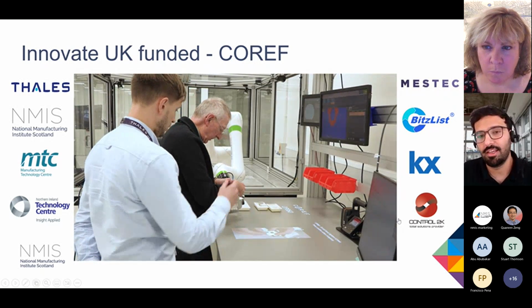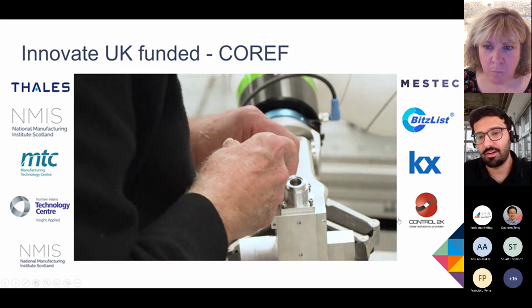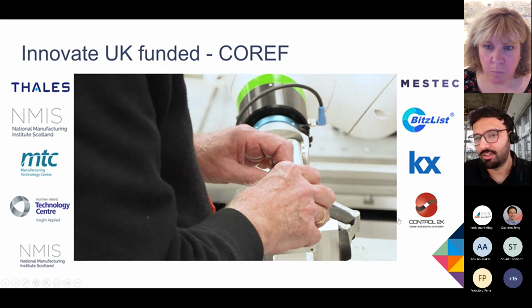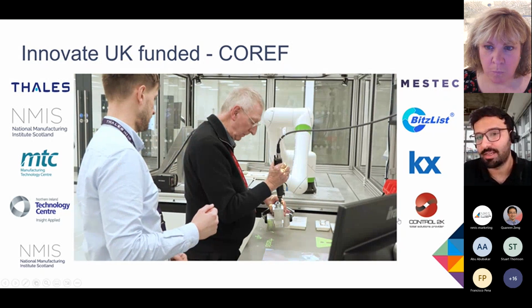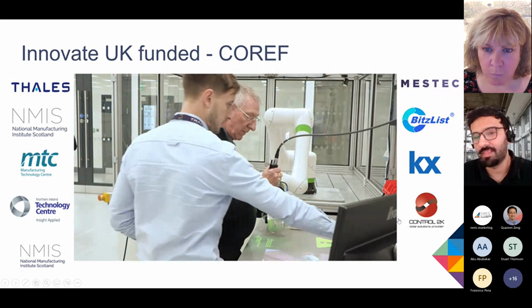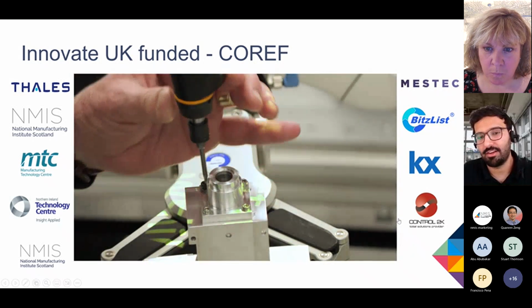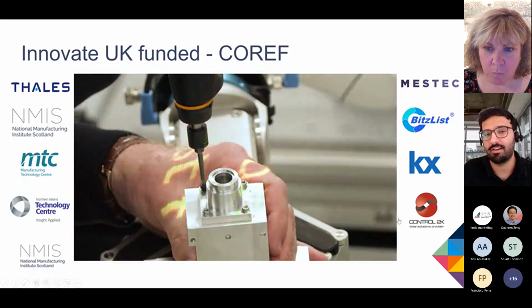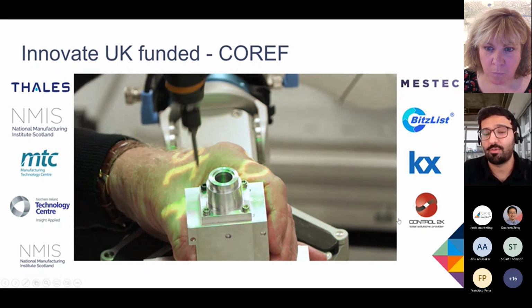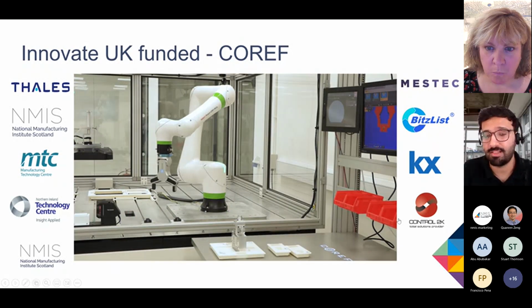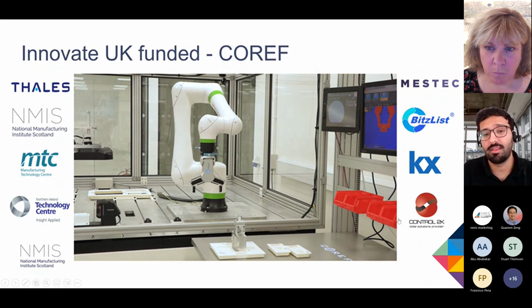So here you can see the cobot working with the operator to help with the installation of bolts, but the cobot's work instructions are coming from the MES. Same with the smart torque tooling. The torque tooling values are integrated into the MESTEC. So when a worker books on the task, the right torque values are sent over.